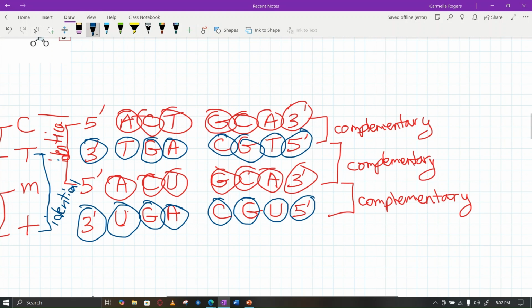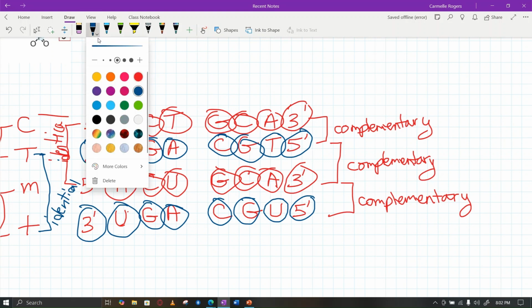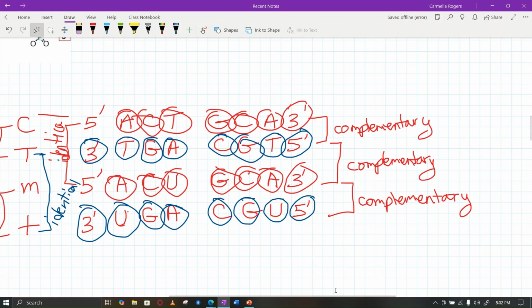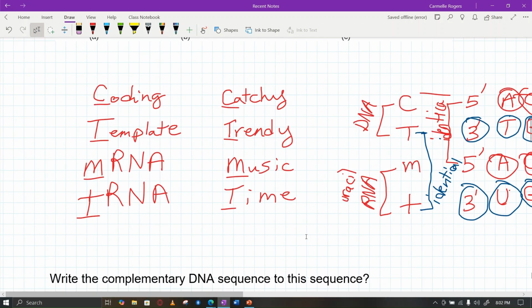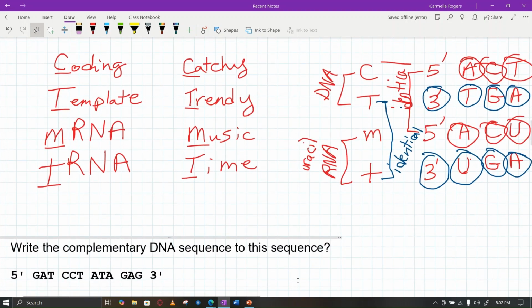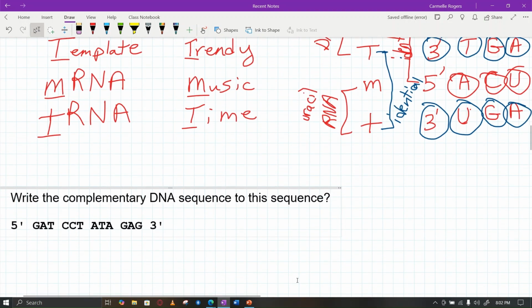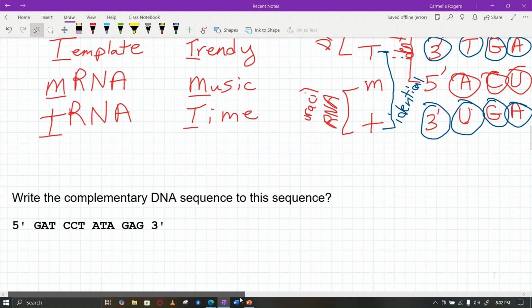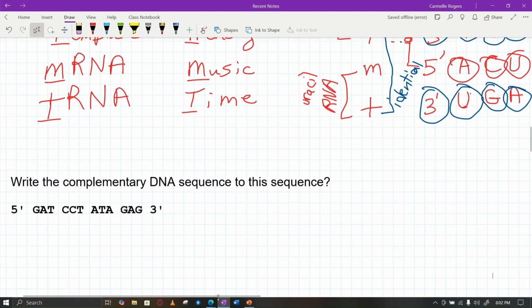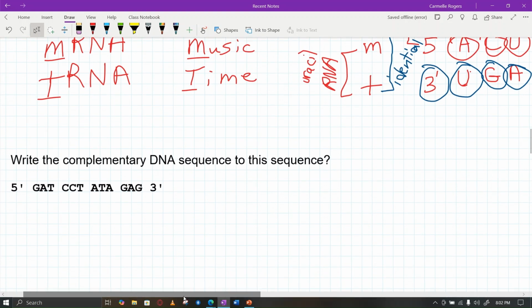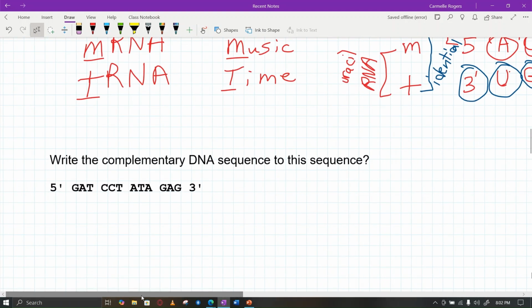Now we have a good understanding of how the bases will pair together, and we can solve our first question. It says to write the complementary DNA sequence to this sequence. If you need to use the acronym, feel free to do that.